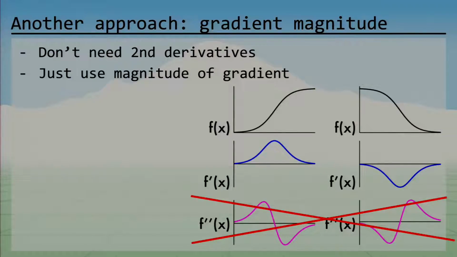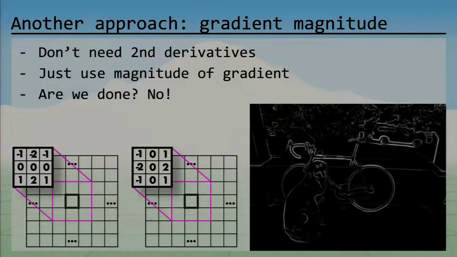And then instead of being positive and negative, we can just look at the magnitude. That's a great idea. So instead of doing all this weird second derivative stuff and looking for these zero crossings, and the second derivative is really sensitive to noise, so that's annoying, let's just take our gradient of the image and then look at the magnitude of this gradient at different places in the image.